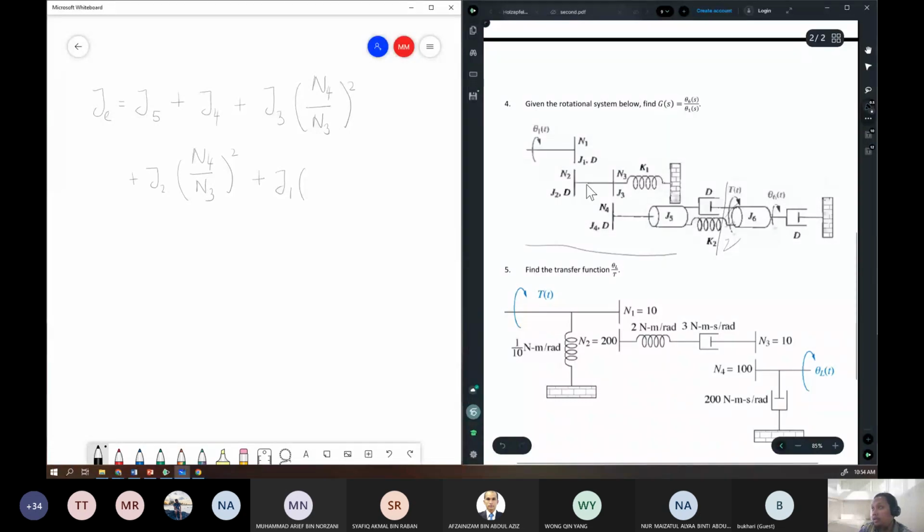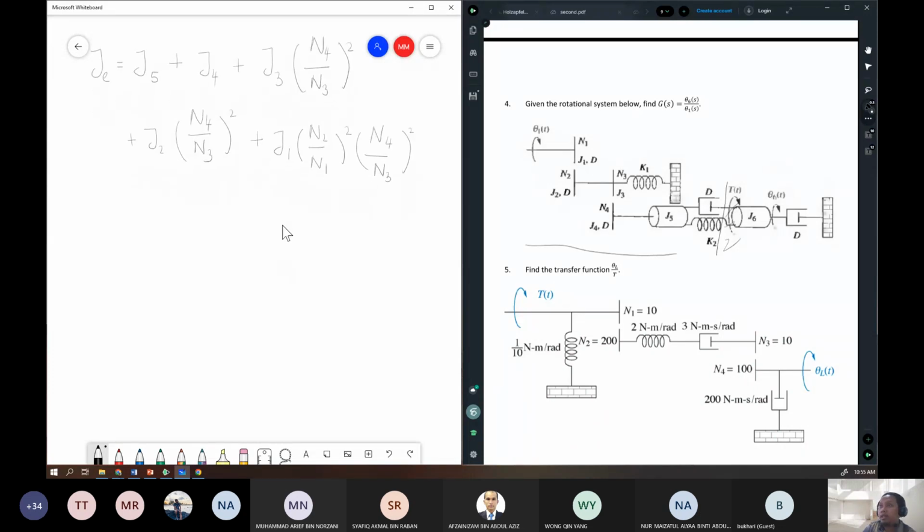You multiply N2 over N1. And then when you have transferred it to the middle section, to transfer to J5, you need to multiply again with (N4 over N3) squared. Okay, so dia dua kali gear ratio. Okay, so this is the J equivalent.